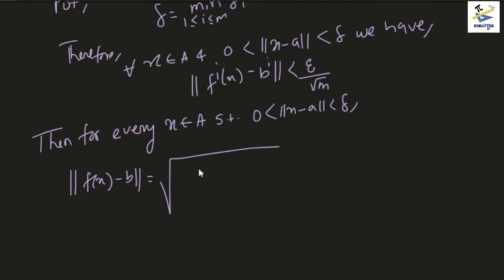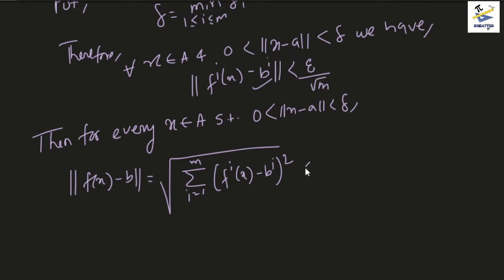So the norm of it would be just the square root of the summation from i equals 1 to m of (fi(x) minus bi) squared. And what you can understand is that each fi(x) minus bi is less than epsilon by root m.